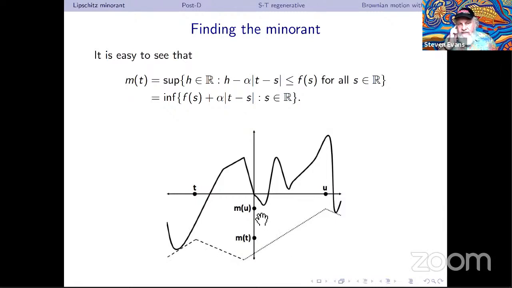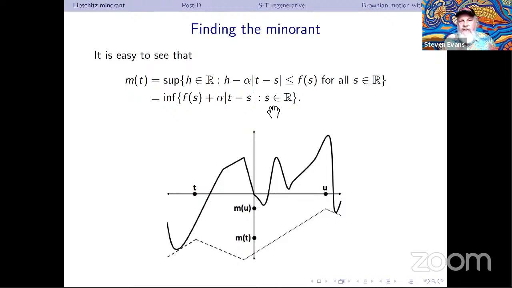And similarly, here we have the value of the minorant at time u constructed. We've taken the tent function centered at u with peak at time u and lifted it up until it first touches the graph of the function, and that's given us the value of the minorant at time u.